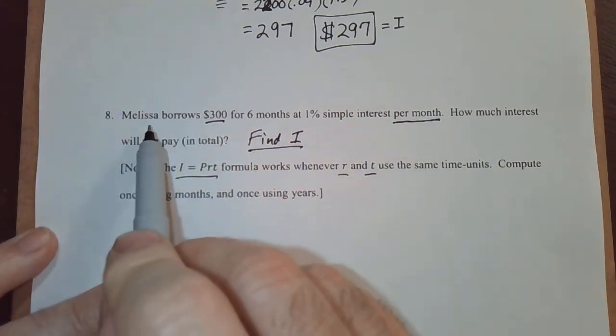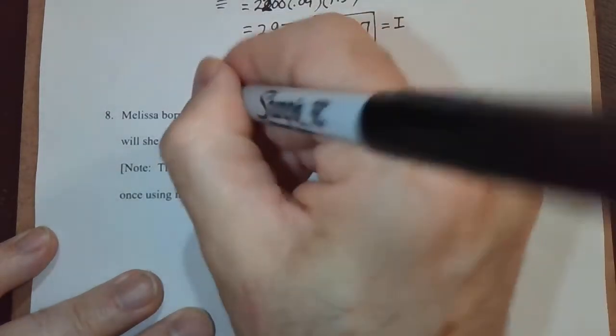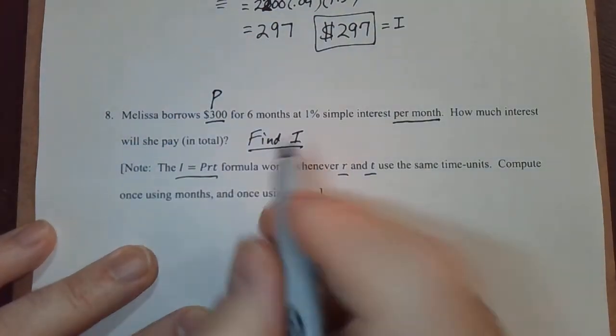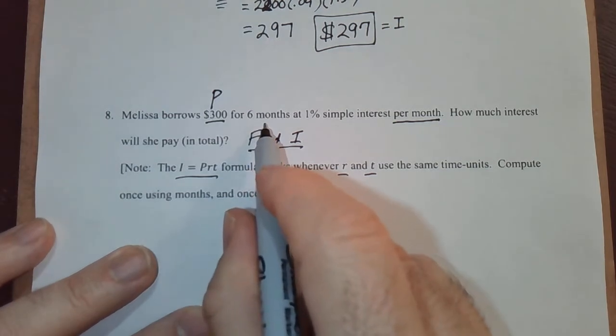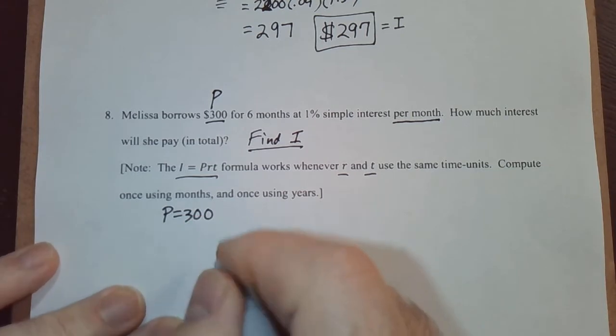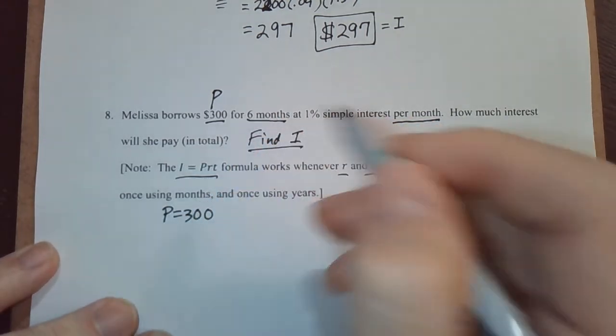So let's see. Melissa borrows $300. P equals 300. What is 6 months?